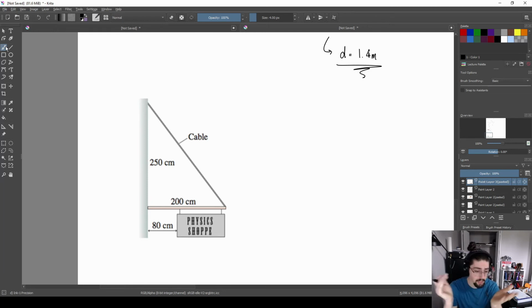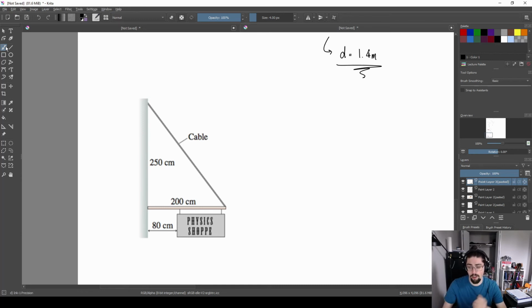If the cable snapped, I think I would agree with that. It would probably spin around right there. But realistically, if it's not spinning, does it matter where I call my pivot point? I don't think so. I don't think it matters at all.